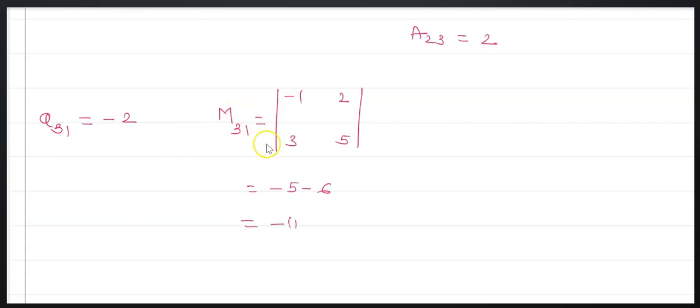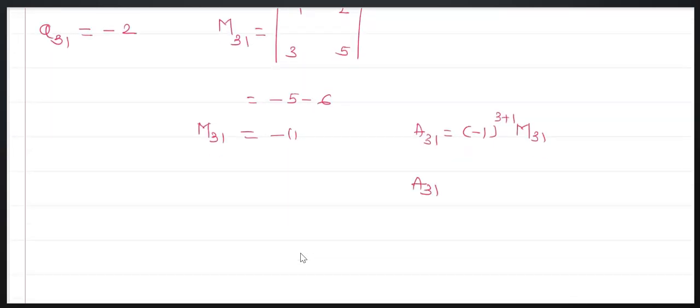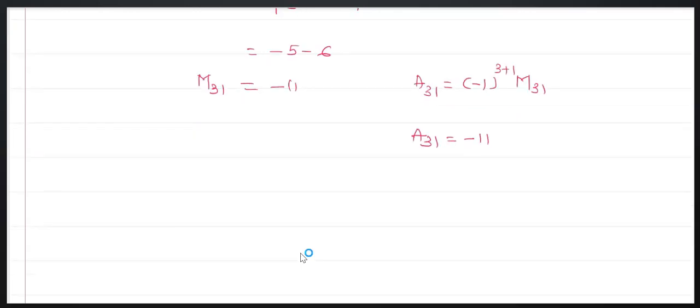Therefore, it is minus 5 and minus 6, minus 11. And therefore, A31 is equal to minus 1 raised to 3 plus 1, M31, that is equal to minus 11.